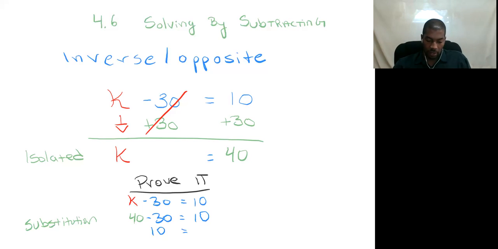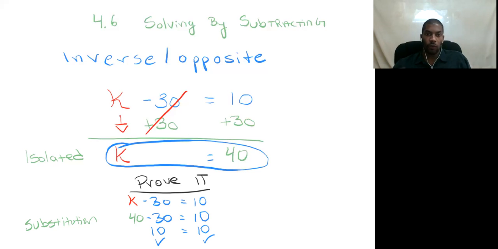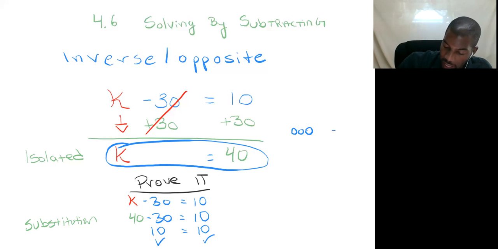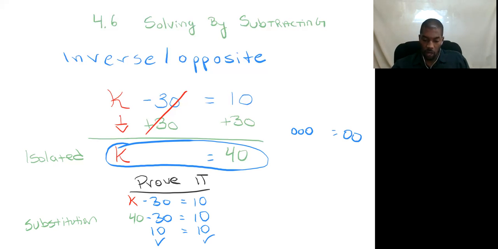Does that equal 10? Yes, it does. So therefore, we say to ourselves, k here is worth 40, right? It's the same idea of saying, look, if I had 1, 2, 3 things, how could I make those equal, I don't know, 2 things? Well, I would have to take 1 away from this side, and that would make it 2 equals 2, right? It's the same process, okay?